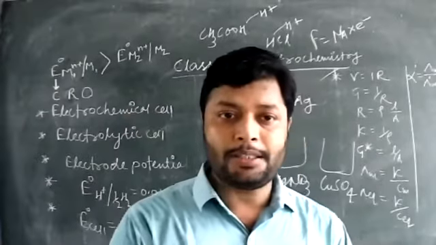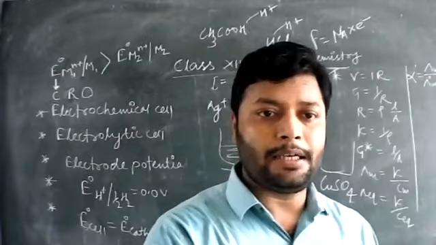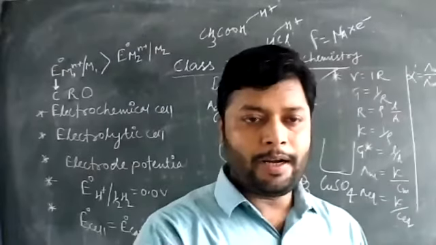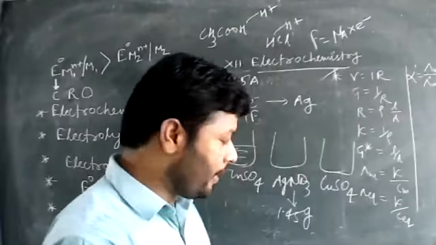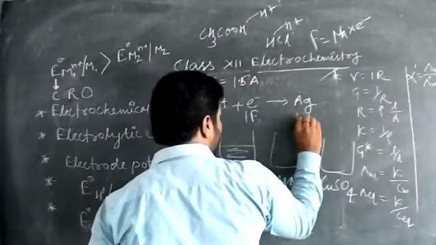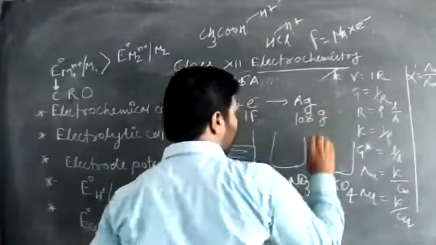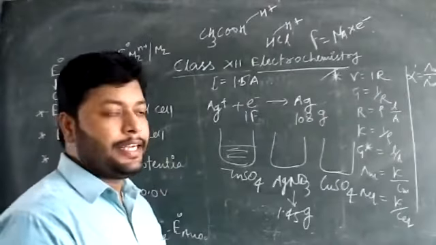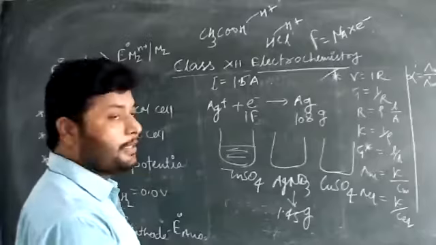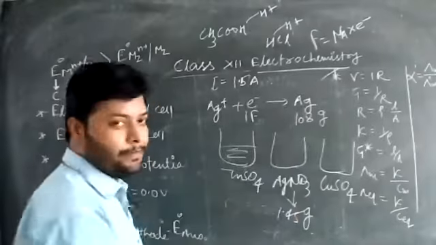But let's see what the atomic mass of silver is. 108, one student says, okay, 108. So the atomic mass of silver is about 108 gram.